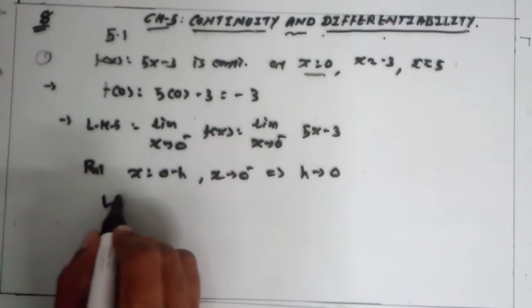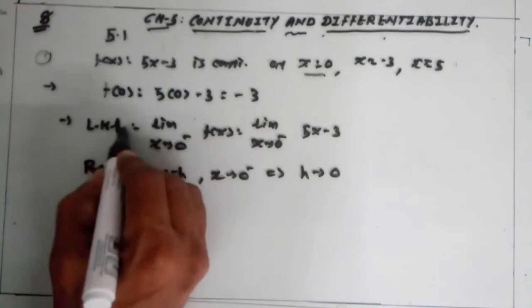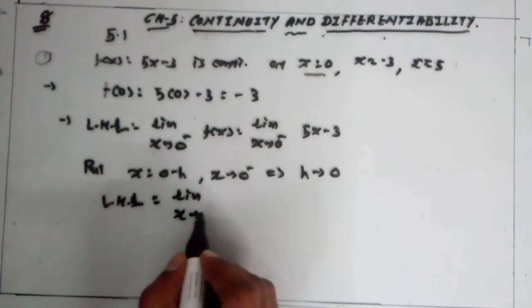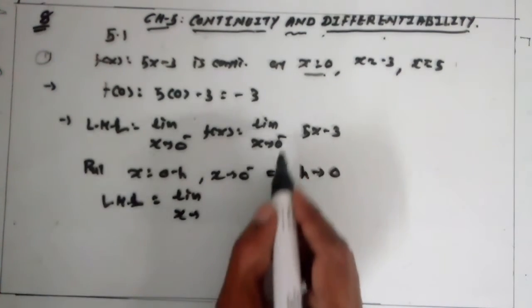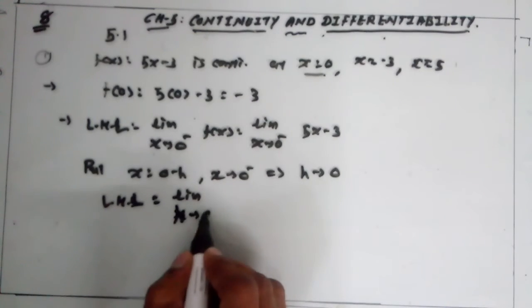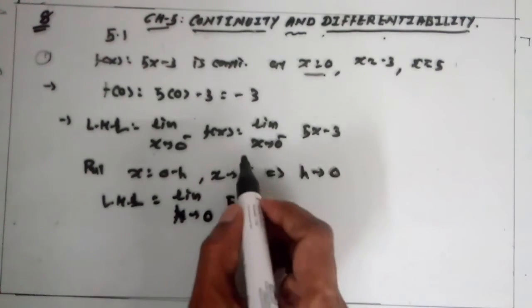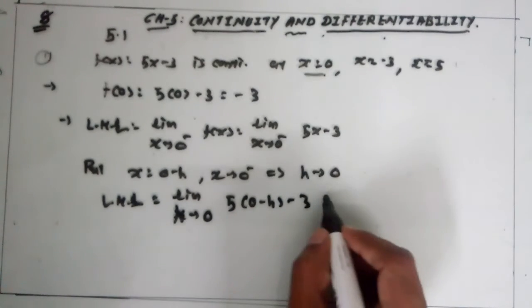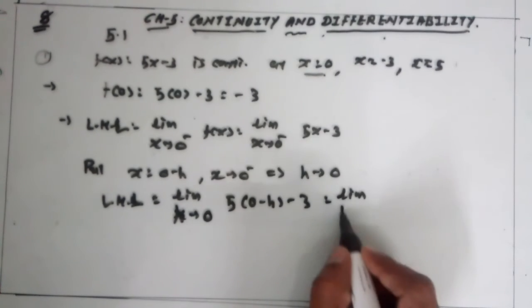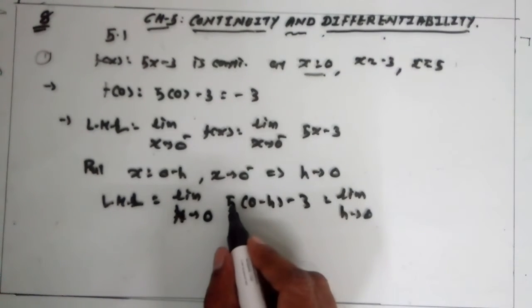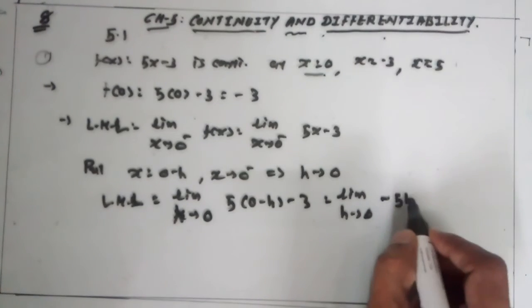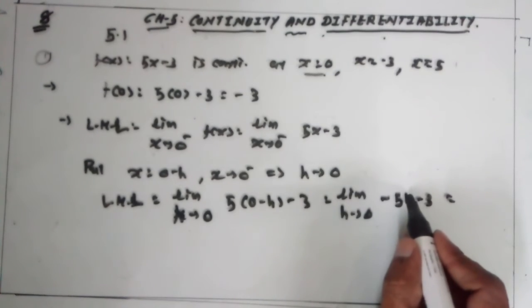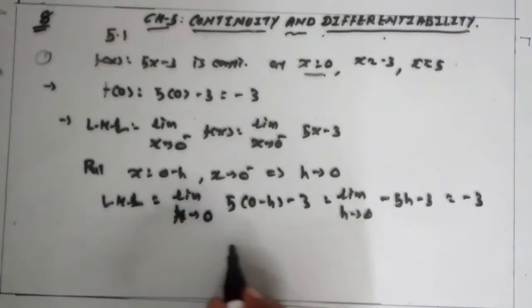So this left hand limit becomes limit h tends to 0 of 5(0 - h) - 3, which is limit h tends to 0 of 5 into -h, that is -5h - 3. Taking h equal to 0, we get -3.